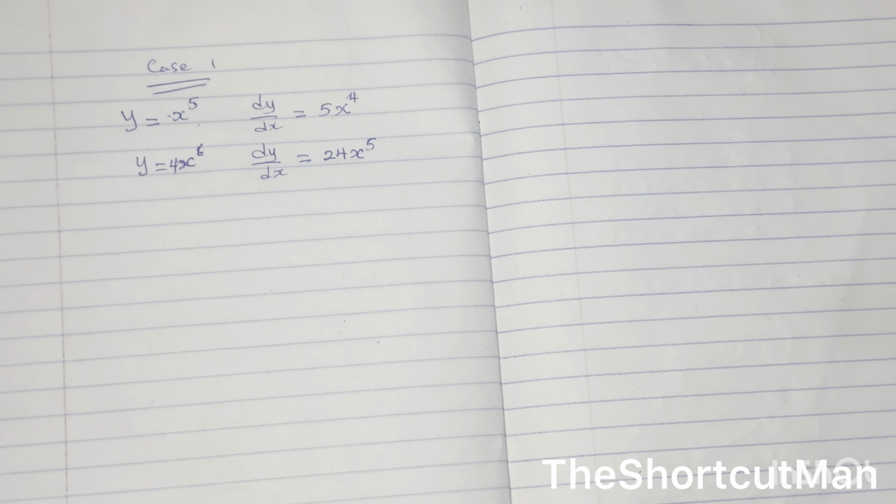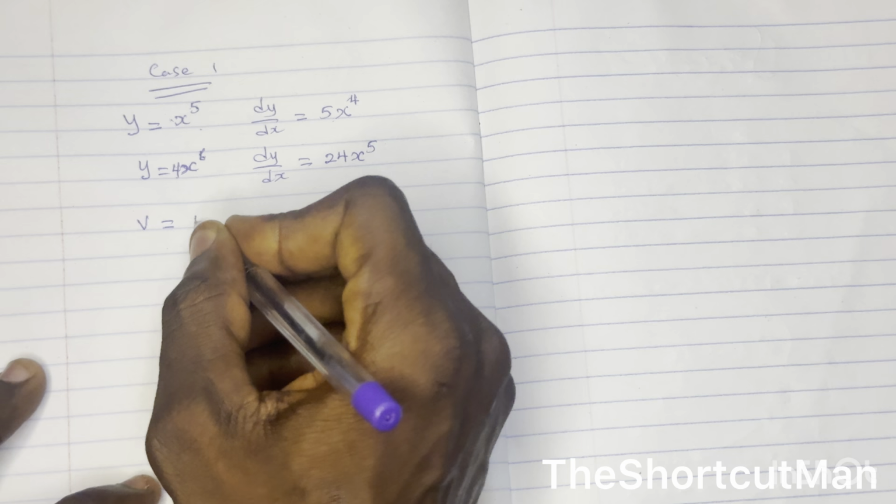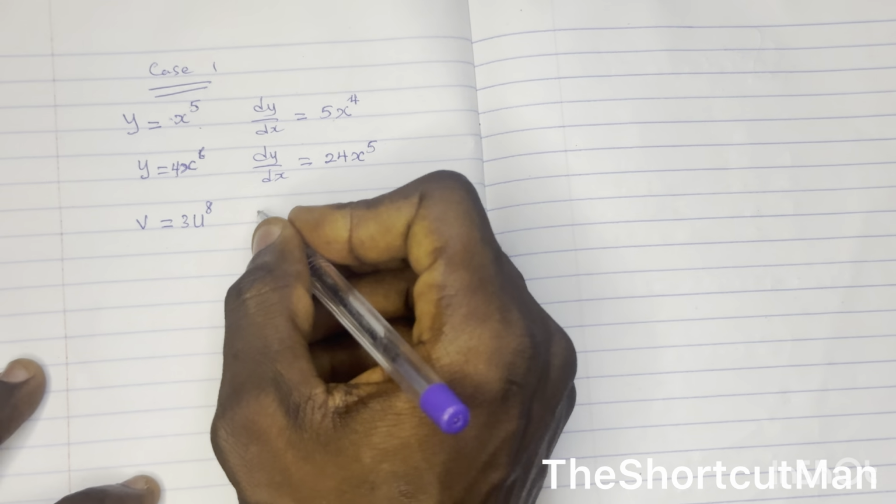Everybody, let us go. Since you've gotten this, we'll now proceed. Differentiation is not always dy/dx. This is where many of us miss it. Sometimes you may be given v equals 3u raised to the power 8.